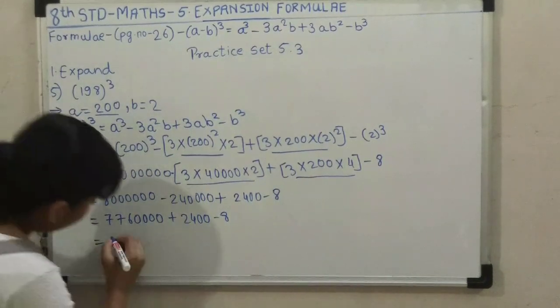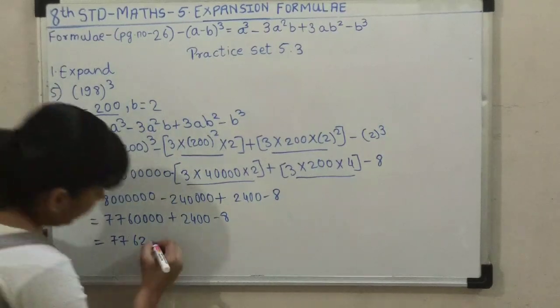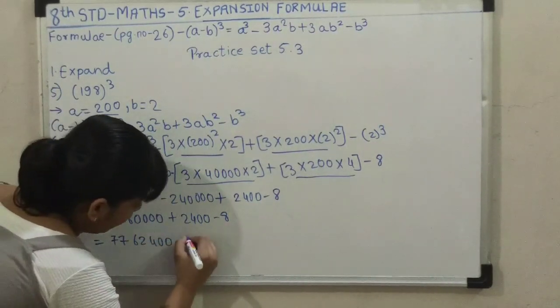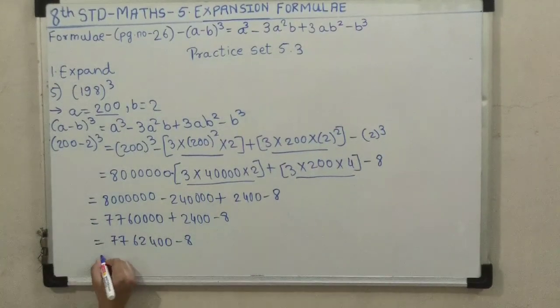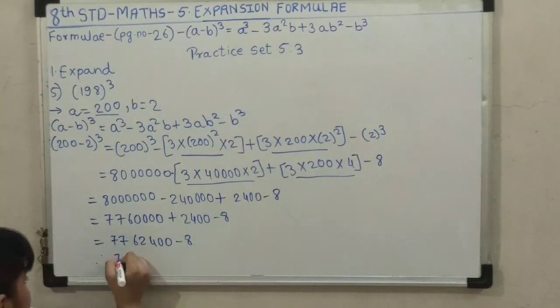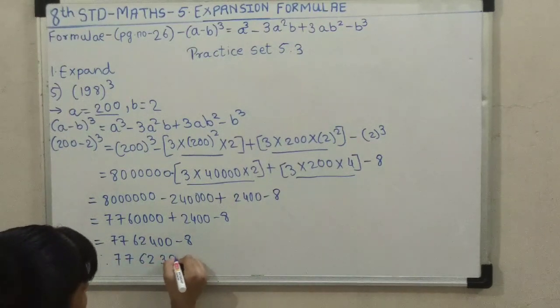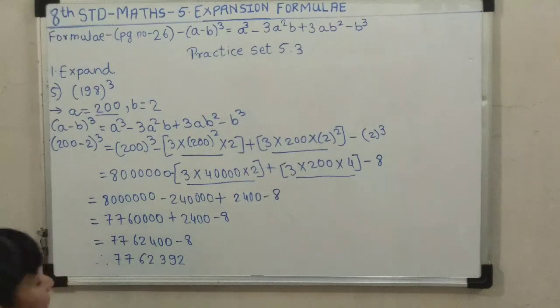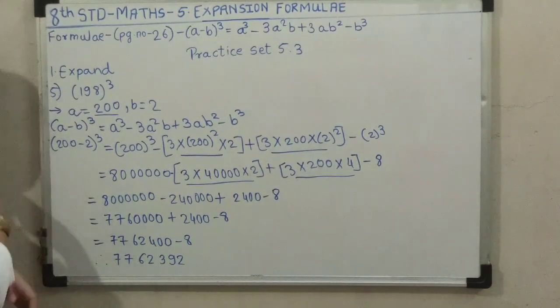The answer will come 77,62,400 minus 8. So we'll subtract 8. Therefore, the final answer will be 77,62,392 and this will be our final answer. Now we have completed practice set 5.3.